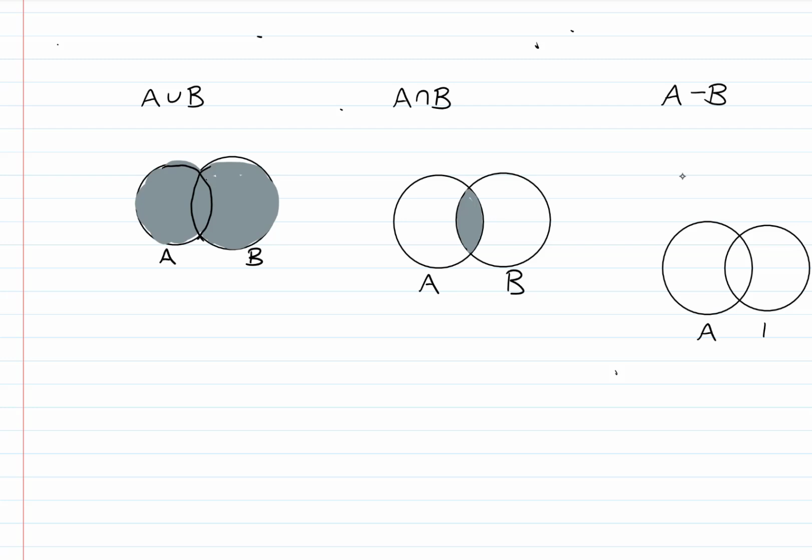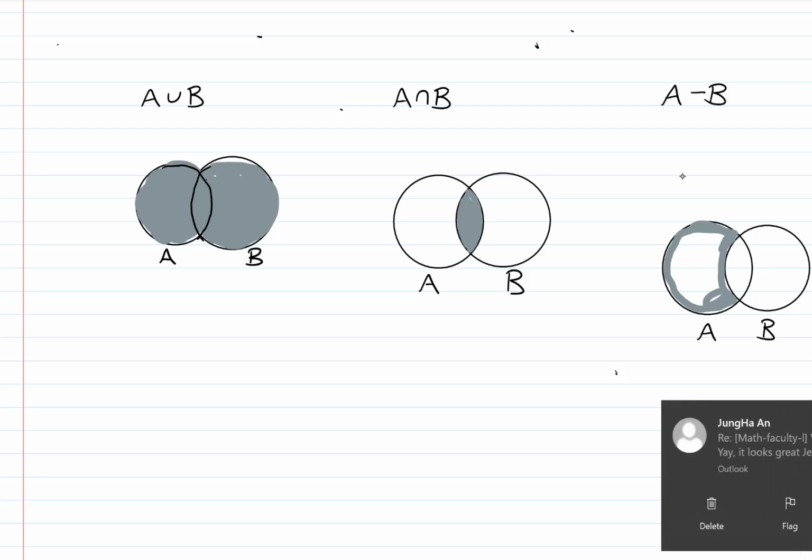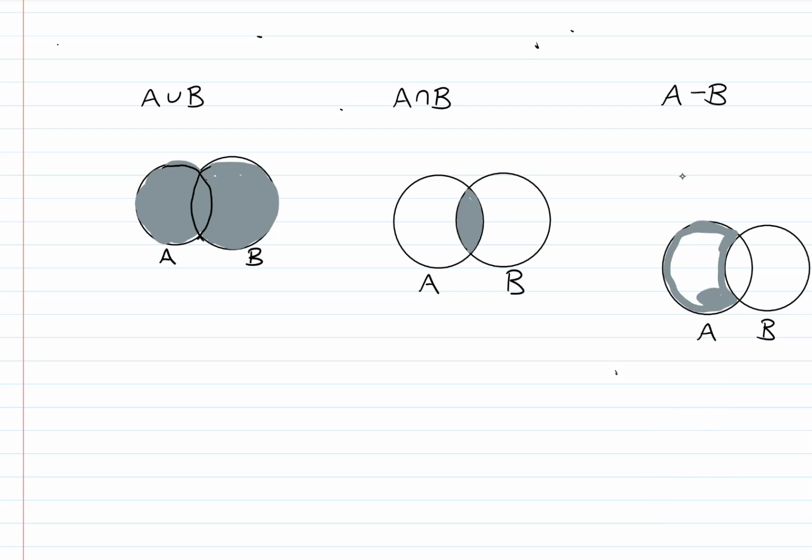So if that's A and that's B, then A minus B would be everything that's in A but not in B. So that would look like this. Think about for yourself what B minus A would look like.